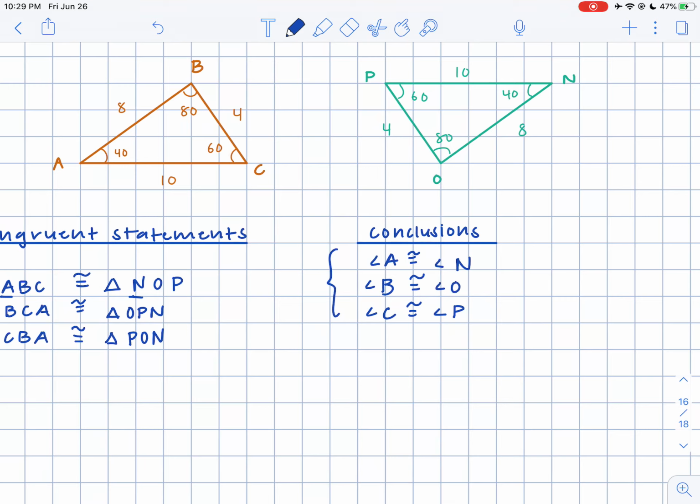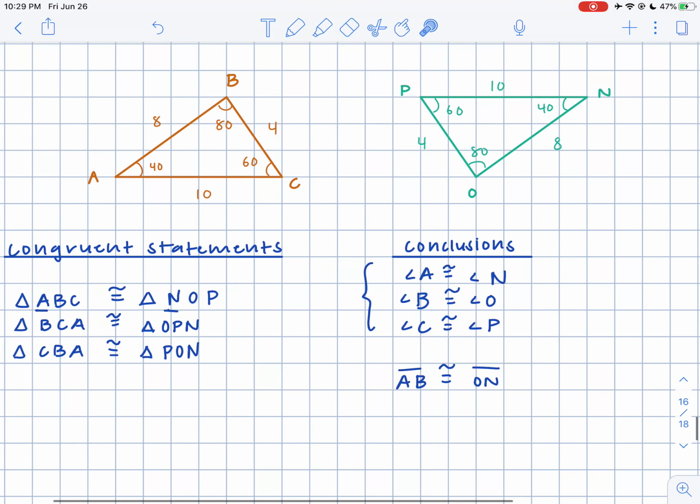Now what kind of conclusion can we draw about their segment measures? Well, we see that segment AB is congruent to segment ON. Remember, I could write segment NO, segment AB, segment BA. The order of the letters does not matter.